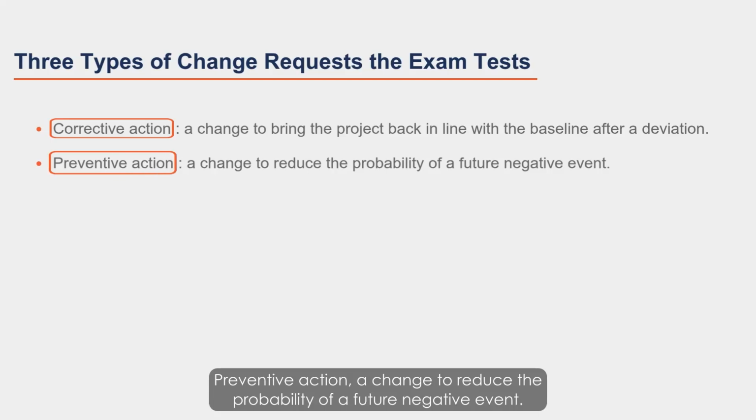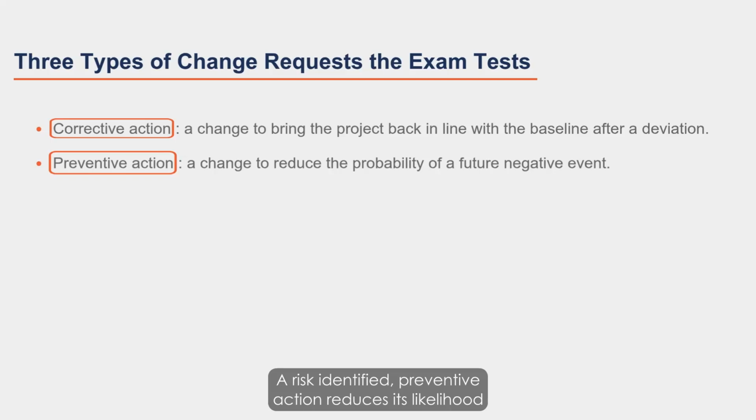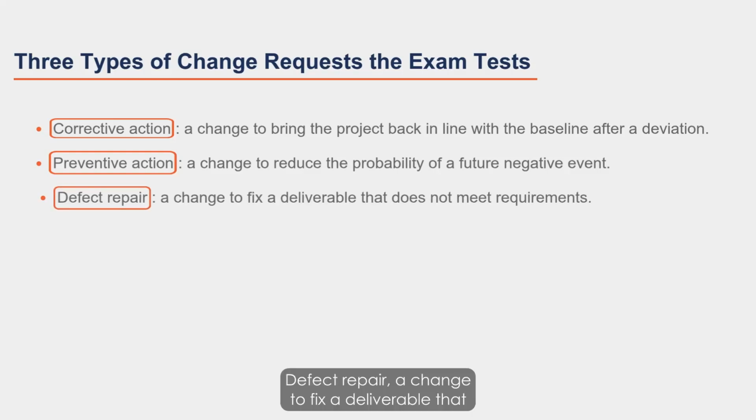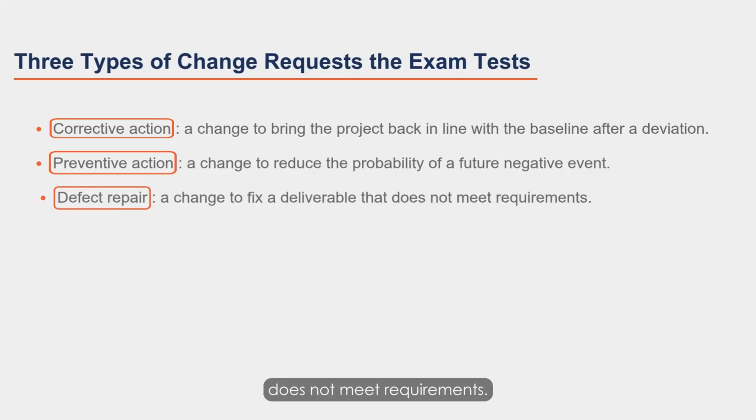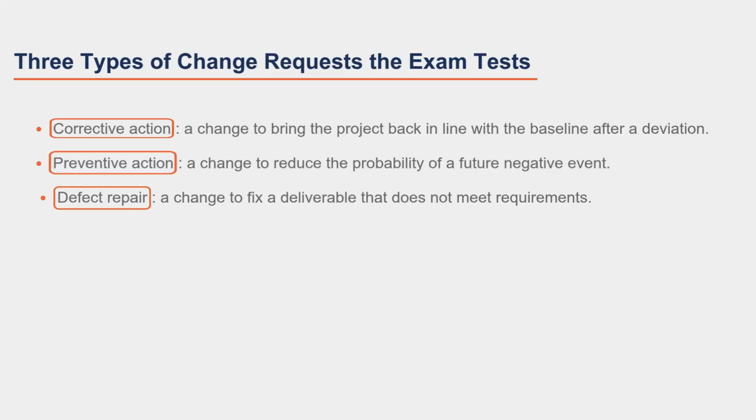Preventive action, a change to reduce the probability of a future negative event. A risk identified, preventive action reduces its likelihood now, addresses a future risk. Defect repair, a change to fix a deliverable that does not meet requirements. Failed QC inspection, defect repair brings it back into conformance.